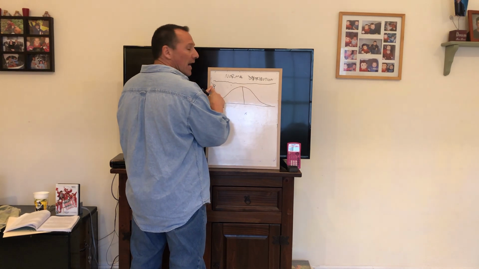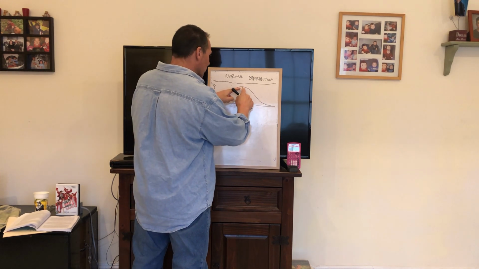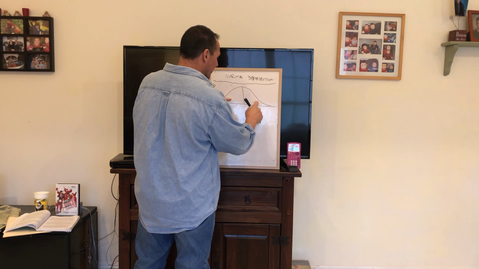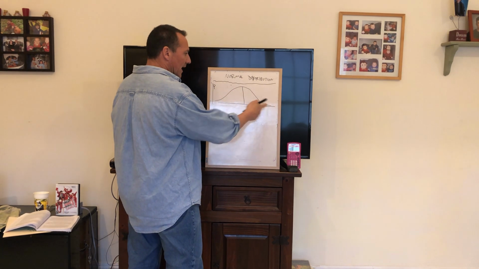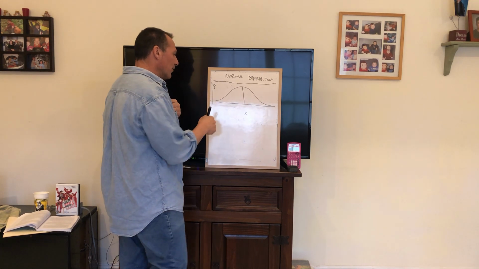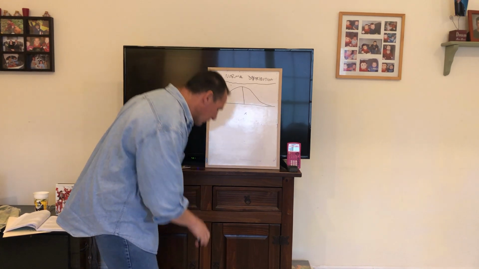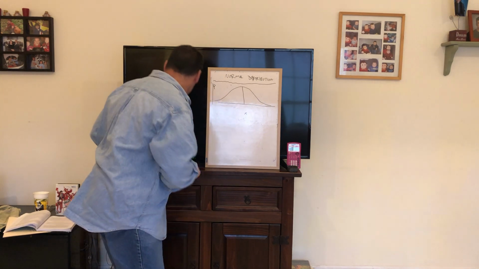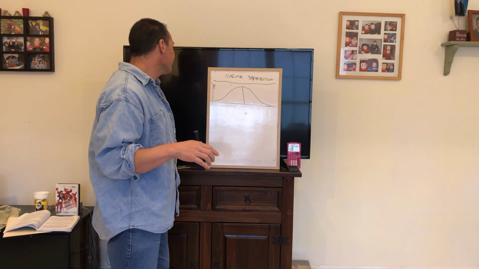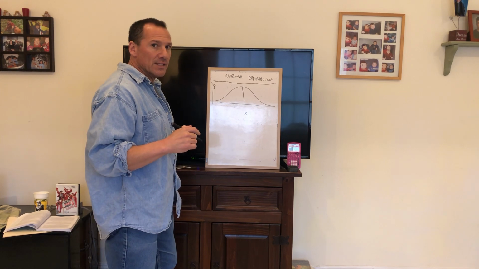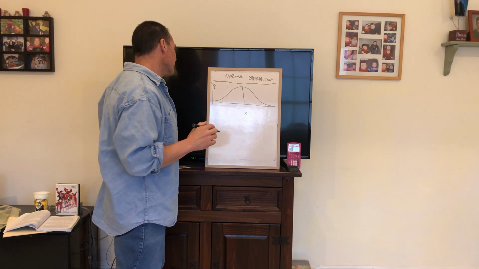Those scores become higher in probability. As scores go further toward the tails, you can see this kind of looks like a tail of an animal. This kind of looks like a tail over here. As scores get closer to the tails, they become lower in probability. So those are the basic features of a normal distribution.